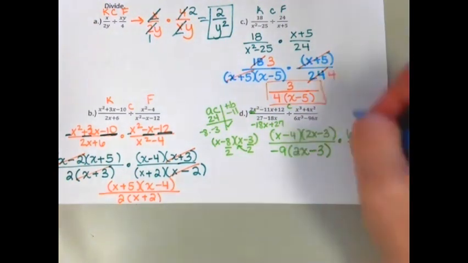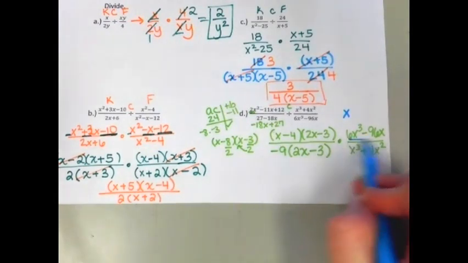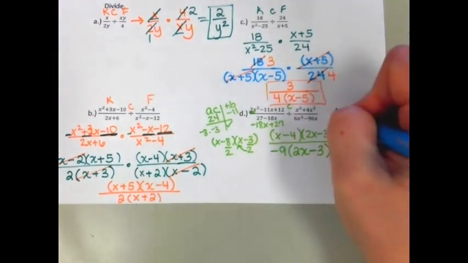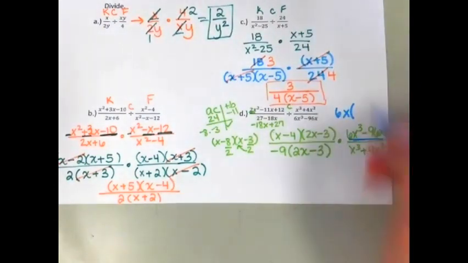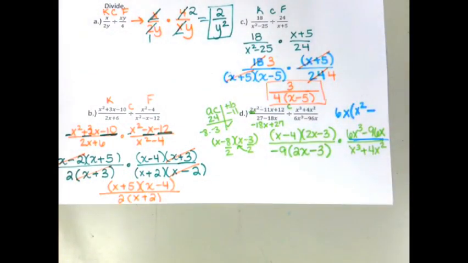An x, anything else? So I'm factoring this one right here, guys. Can a 6 go into 96? So let's do a 6x here. So 6x cubed divided by 6x is x squared minus, what's 96x divided by 6?